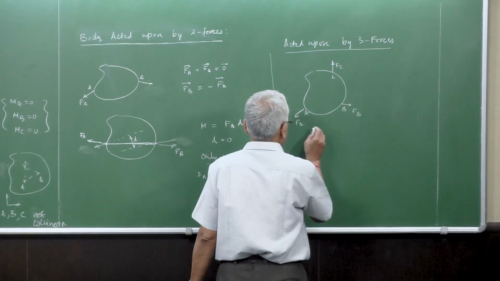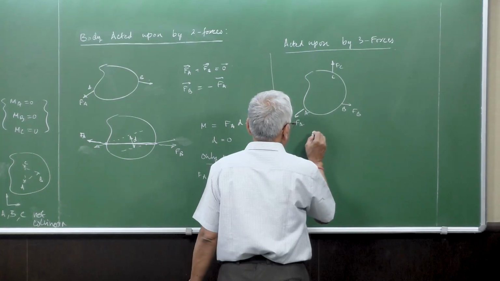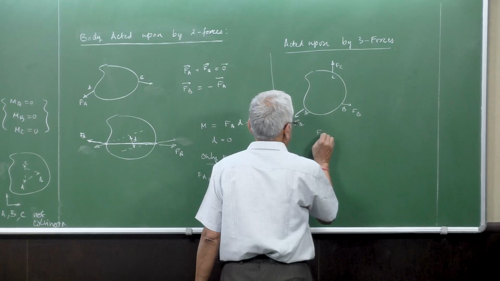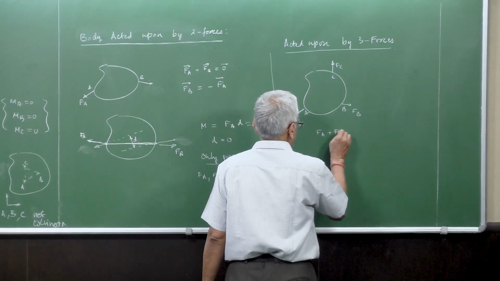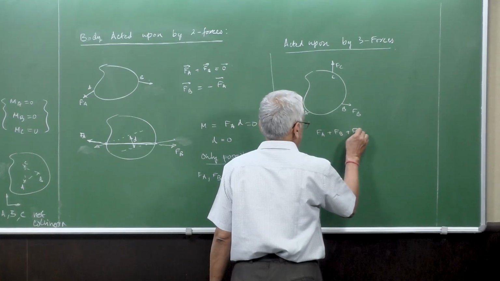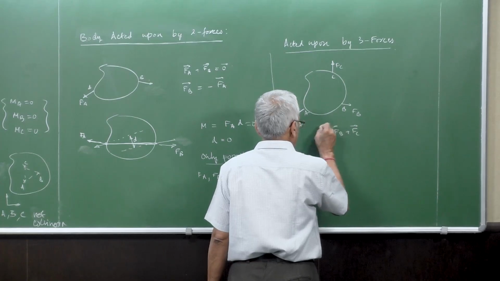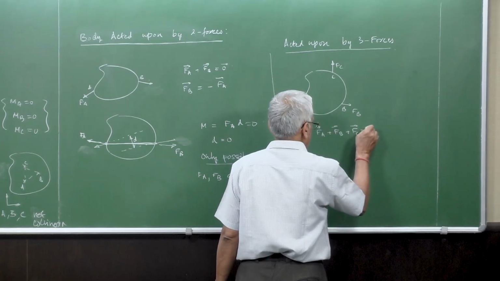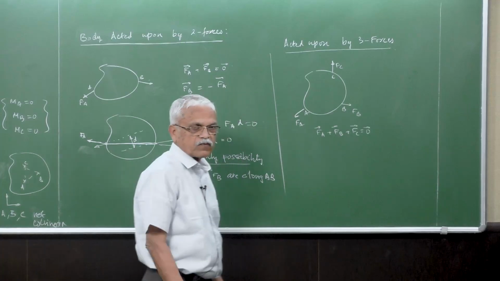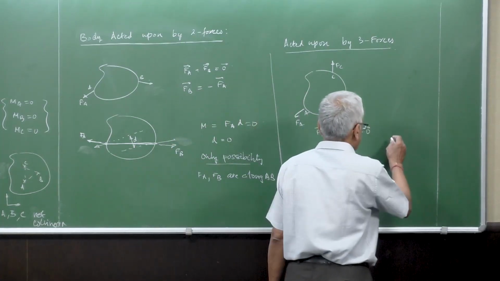This is the first equilibrium condition: Fa, Fb and Fc, when added together, should give 0.